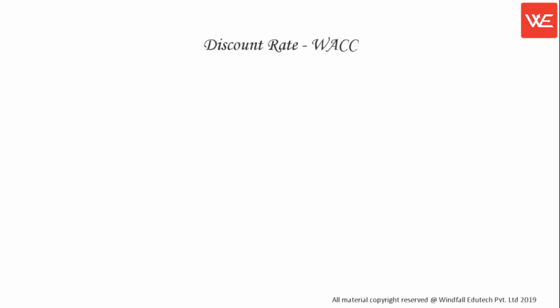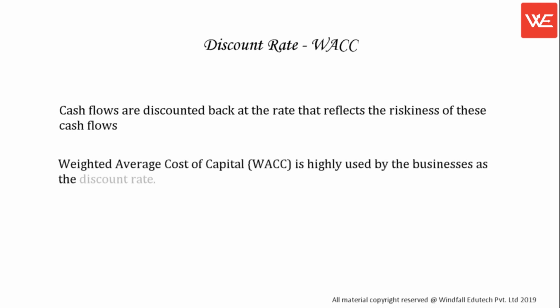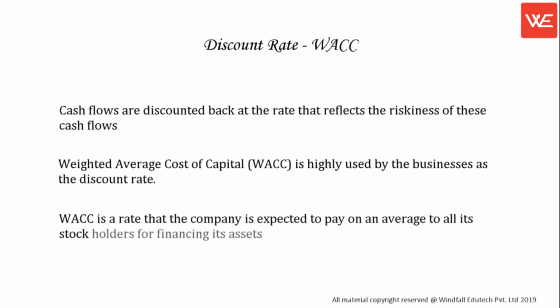Discount rate, WACC. Cash flows are discounted back at a rate that reflects the riskiness of these cash flows. Weighted average cost of capital, WACC, is widely used by businesses as the discount rate. WACC is the rate that the company is expected to pay on average to all its stockholders for financing its assets.